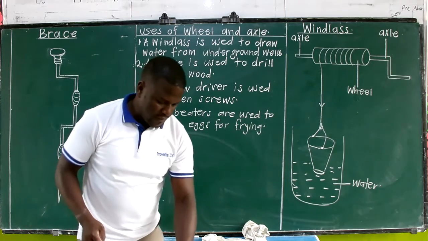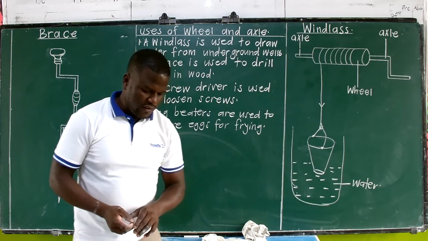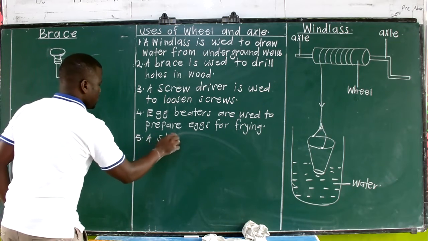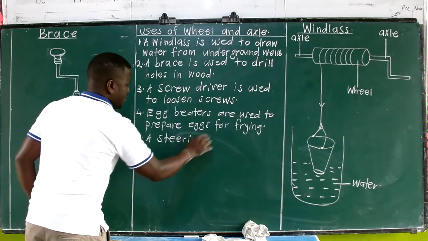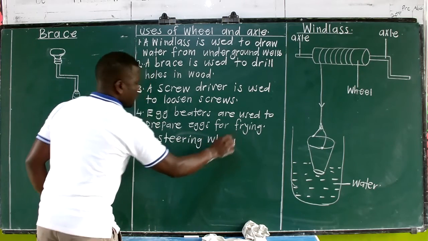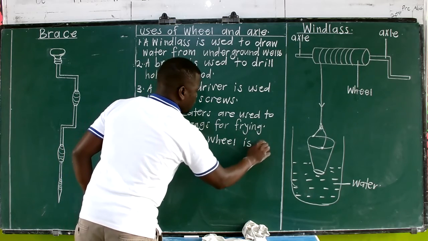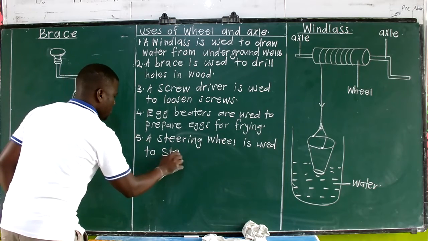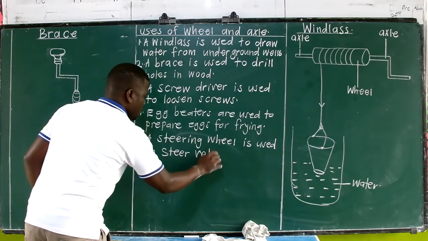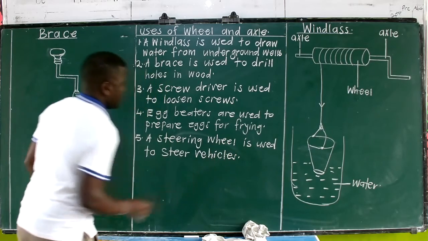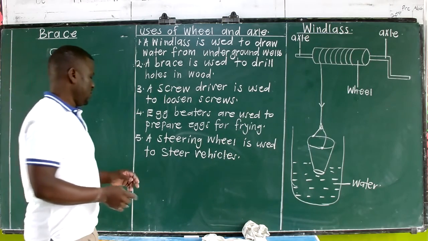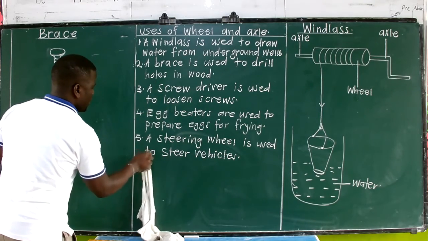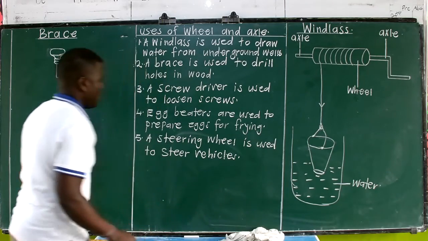Then we can also say a steering wheel is used to steer vehicles.